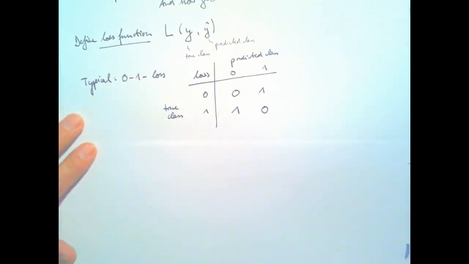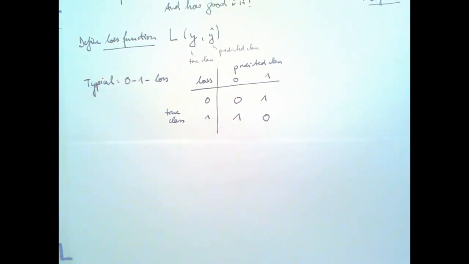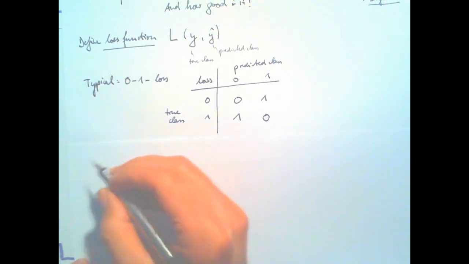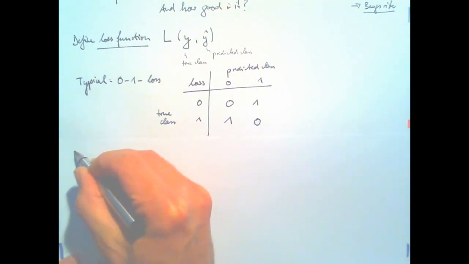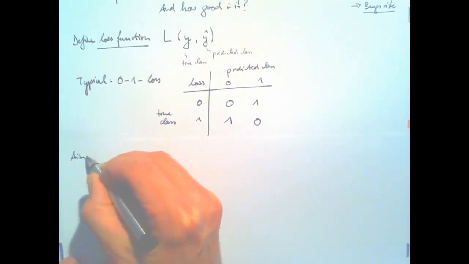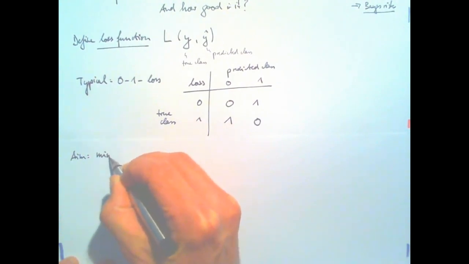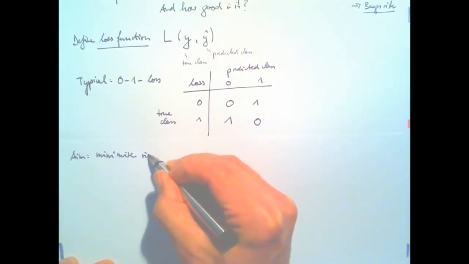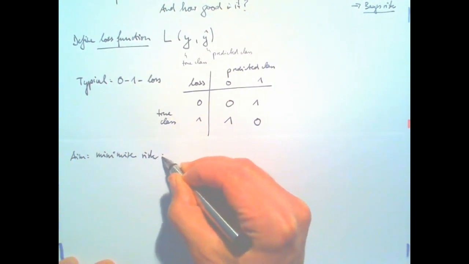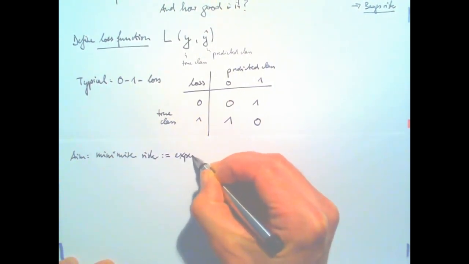Okay, and we now want to minimize this loss. So we're going to look at, the aim will be to minimize the risk, which is defined as the expected loss.